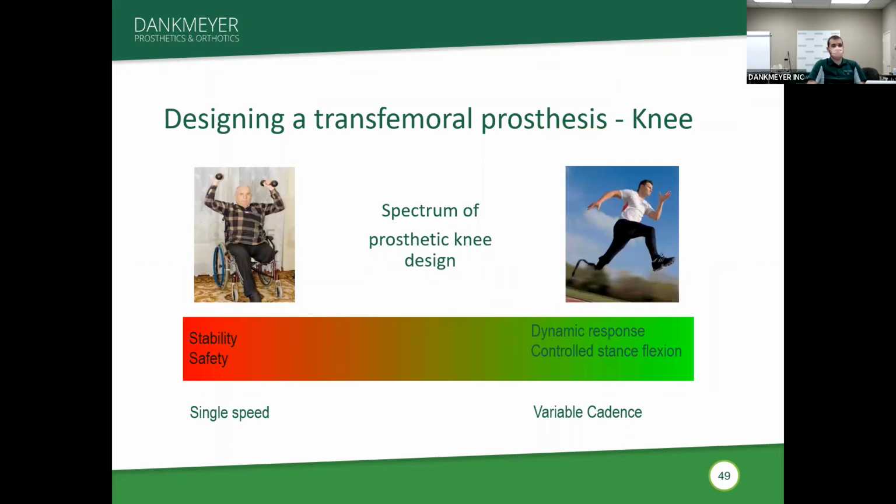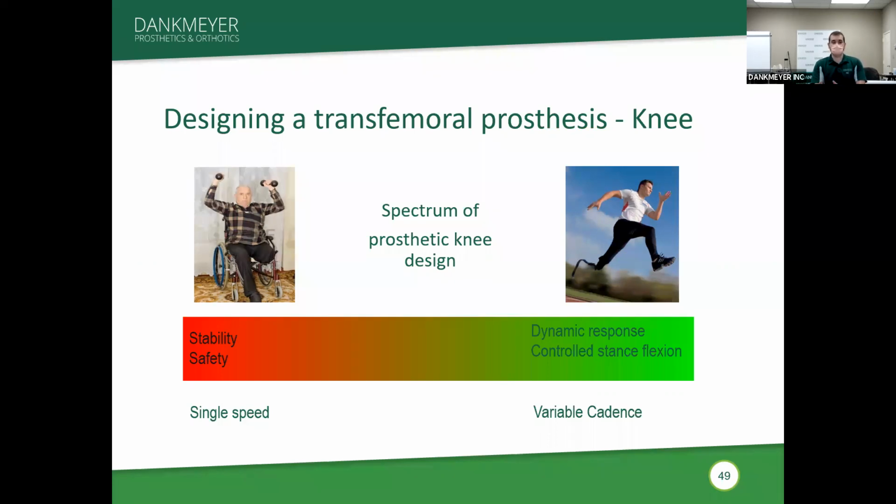All right, so discussing knee joints. Again, the same kind of principles apply. Our choice of prosthetic components is limited by the functional levels. If someone's assigned a functional level 2, we're not expecting them to progress to K3, that does limit the amount of knees that we can use.